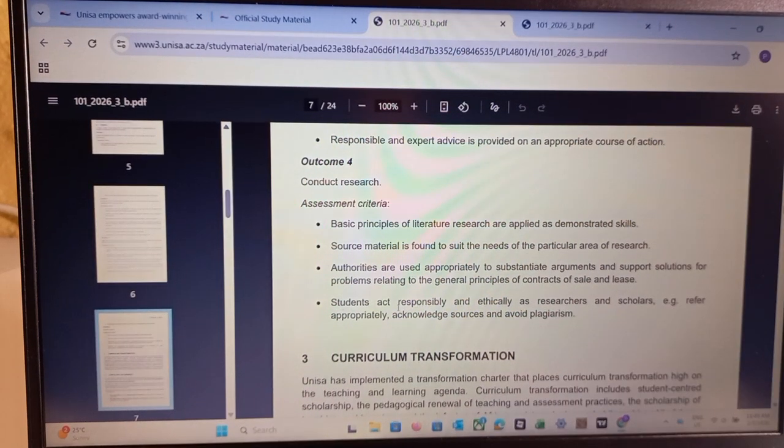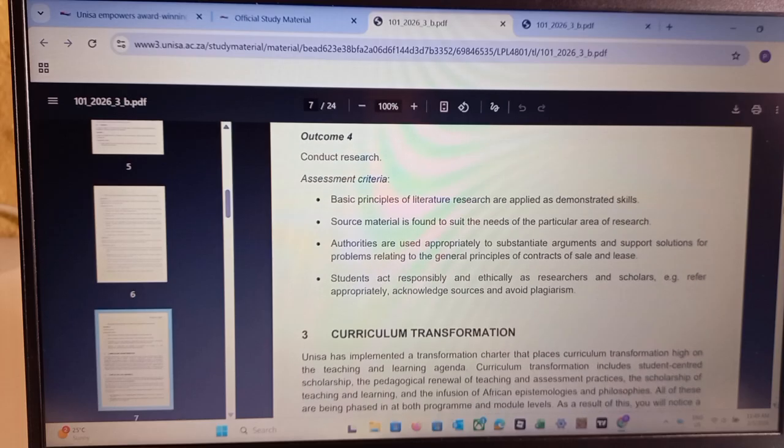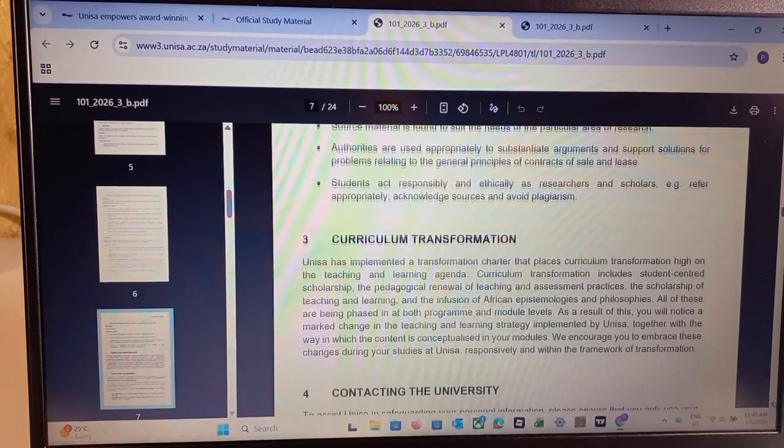The fourth point, the students act responsibly and ethically as researchers and scholars, e.g., refer appropriately, acknowledge sources, and avoid plagiarism.